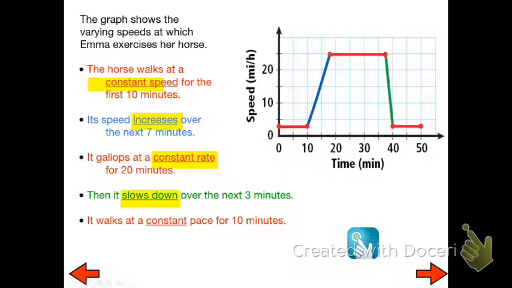Then the horse slows down over the next 3 minutes. So it slows down from its gallop, and then finally it walks again at a constant pace for the last 10 minutes. So the horse walks, then increases its speed, then gallops for 20 minutes, then decreases its speed, and then walks at a constant rate again.